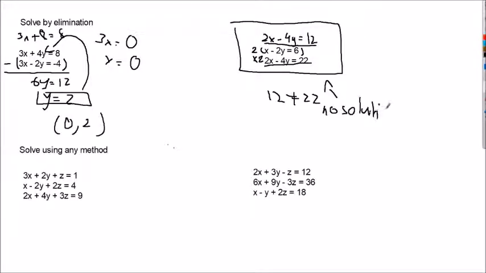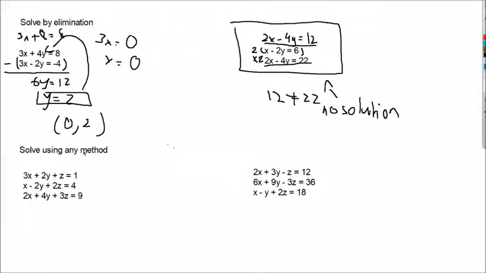No solution. The 2x minus 4y equal to 12 cannot equal 22 because they are parallel. So we have all of the points that are equal to 12 on one line, and all of the points that are equal to 22 on the other line, and they don't intersect each other because they're parallel. Therefore, there's no solution.